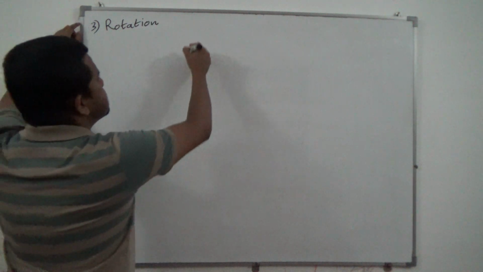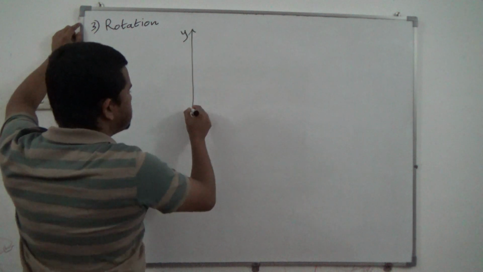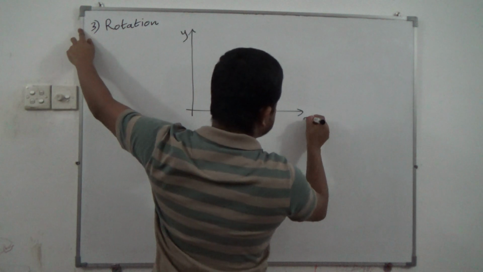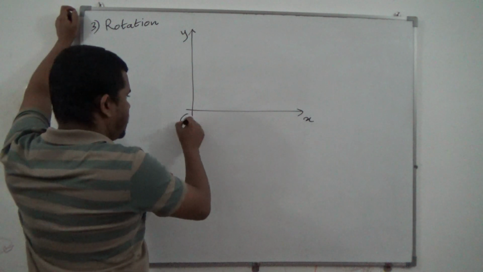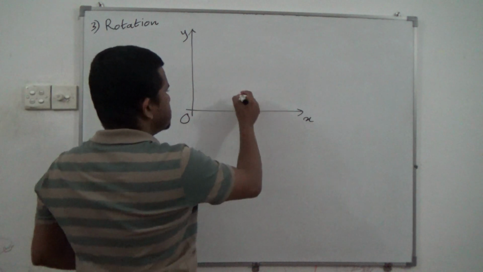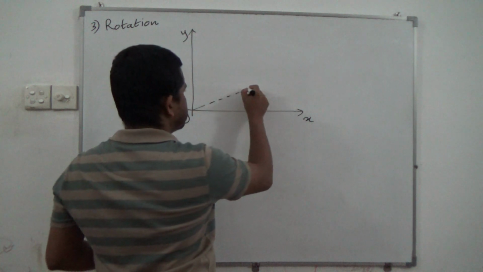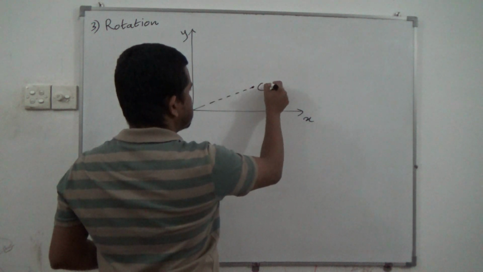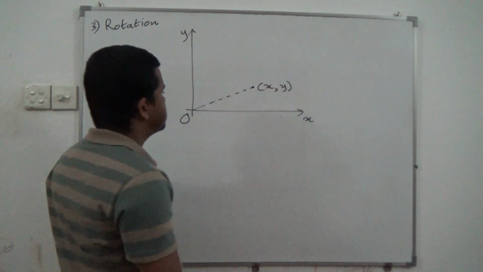In this situation also let's draw the two axes, x and y. Here we have the origin. So we have a point x comma y.